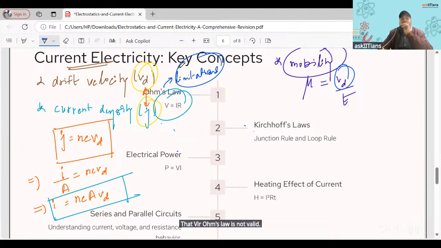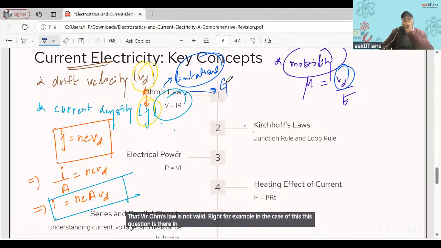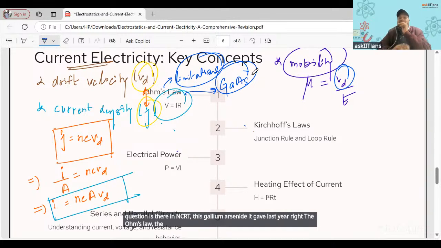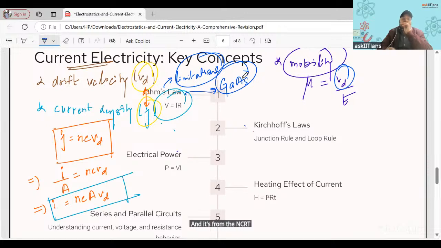For example, there is a question in the NCERT on gallium arsenide, which was given last year, about its VI characteristics. It's written line by line in the NCERT. The limitations part is important in Ohm's law.